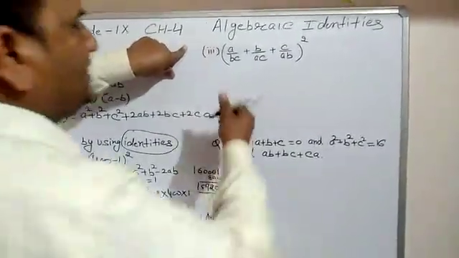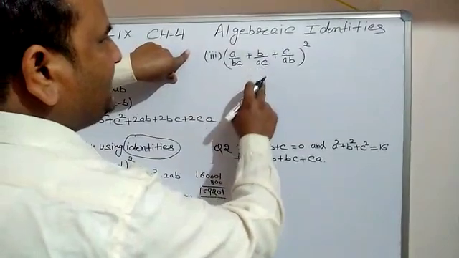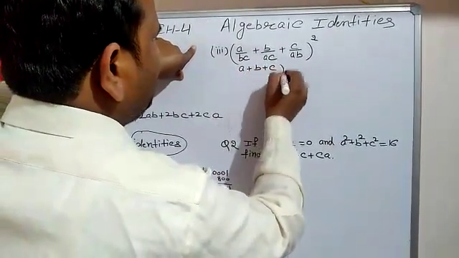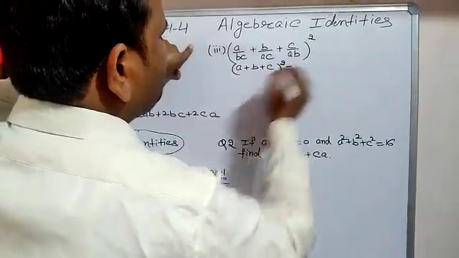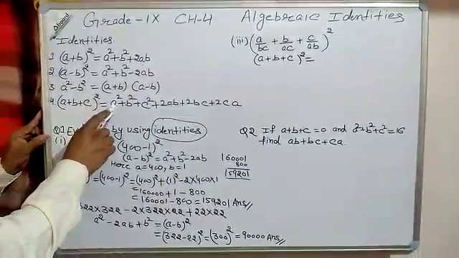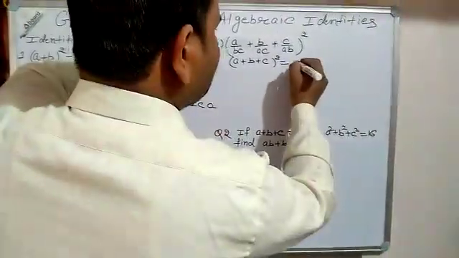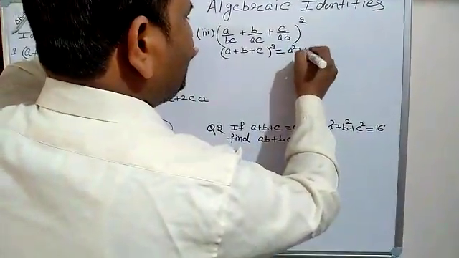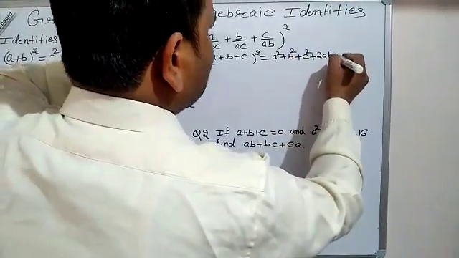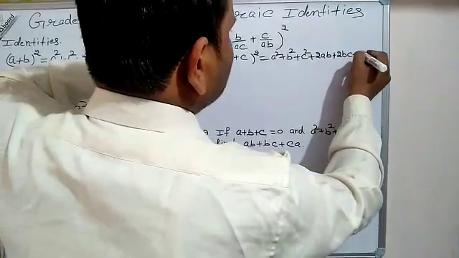That is your choice. So if I consider this a, this b, this c, it comes out (a plus b plus c) whole square is equal to a square plus b square plus c square plus 2ab plus 2bc plus 2ca.